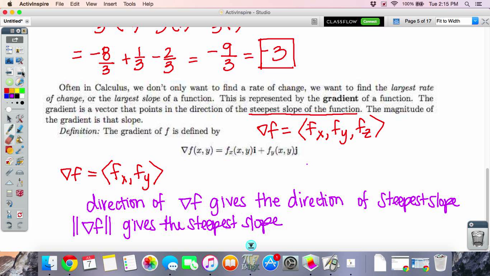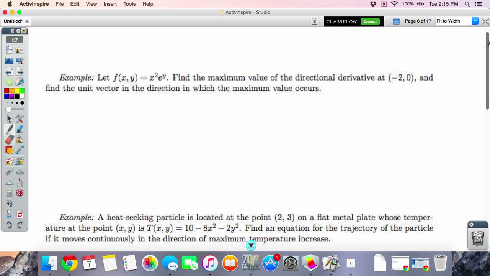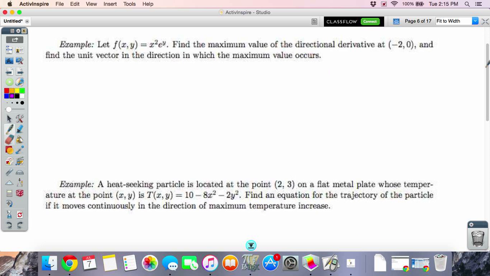So let's try that in a couple of examples. I'm going to do 2 examples of finding the gradient. One is sort of like a basic introductory example, and then another one in a word problem. So here is a 2-variable function. This says find the maximum value of the directional derivative. Now that might sound a little confusing, but that phrase, maximum value of the directional derivative, is exactly what we mean by gradient.